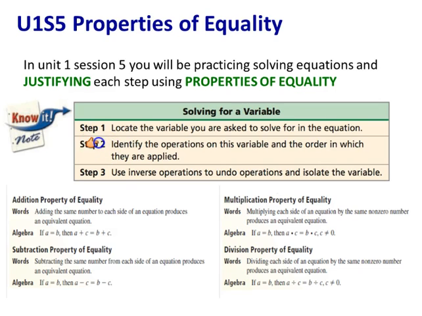In order to get the variable all alone, we identify the operations that are being done to that variable, and then we use the inverse operations to undo those operations and isolate the variable. Inverse operations is just a fancy way of saying that we're going to do the opposite to undo whatever's being done to the variable.